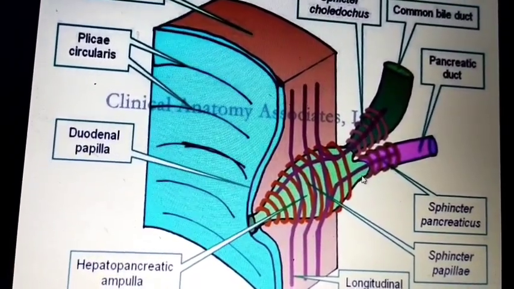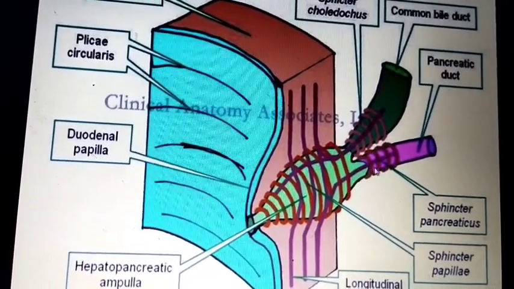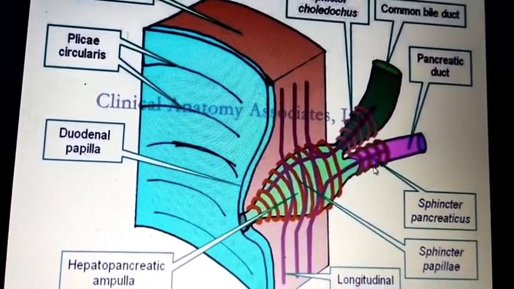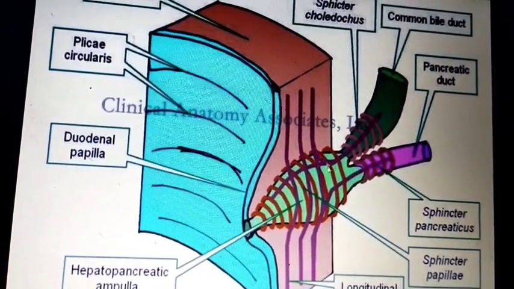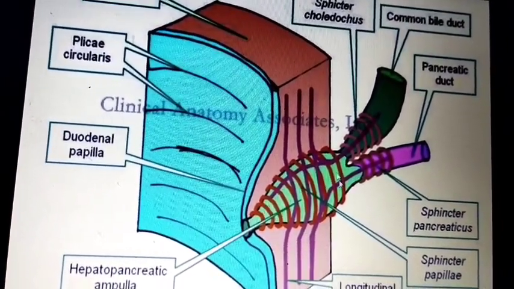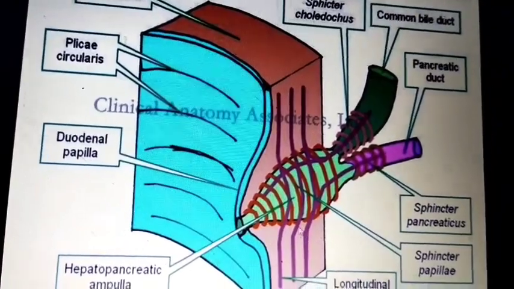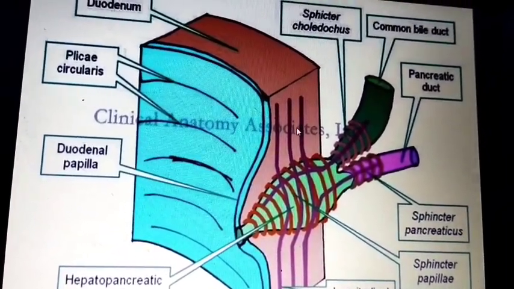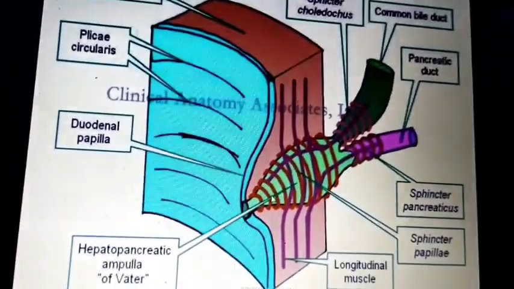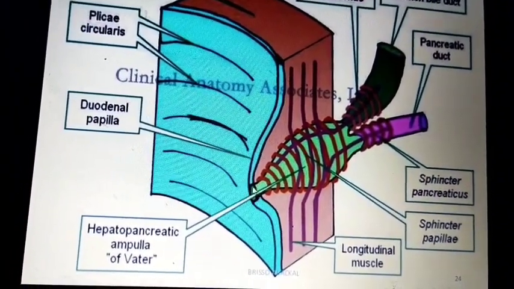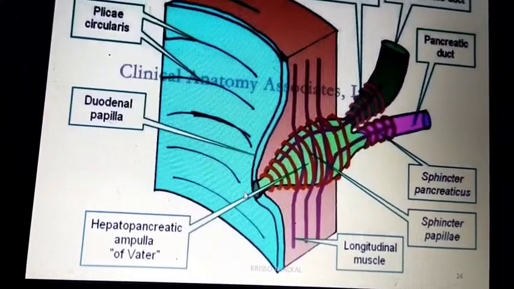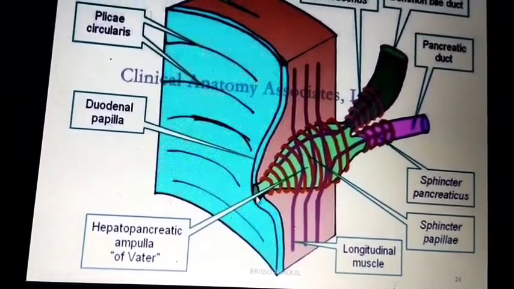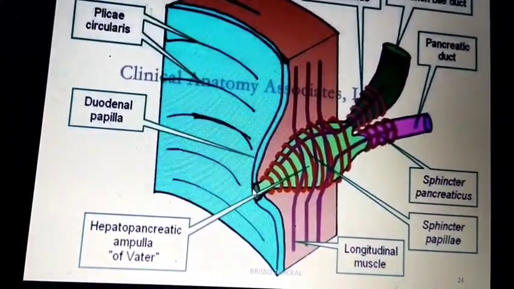This is the pancreatic duct, it has one sphincter, the sphincter of the pancreatic duct, and both join together and form the hepatopancreatic ampulla, or ampulla of Vater. The ampulla of Vater has one sphincter, the sphincter of Oddi, and it opens into the second part of the duodenum by the major papilla.